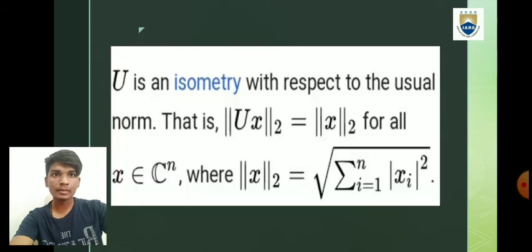U is an isometry with respect to the usual norm, that is norm of Ux is equal to norm of x for all x belonging to C power n, where norm of x equals the square root of the sum over i equals 1 to n of mod xi whole square.